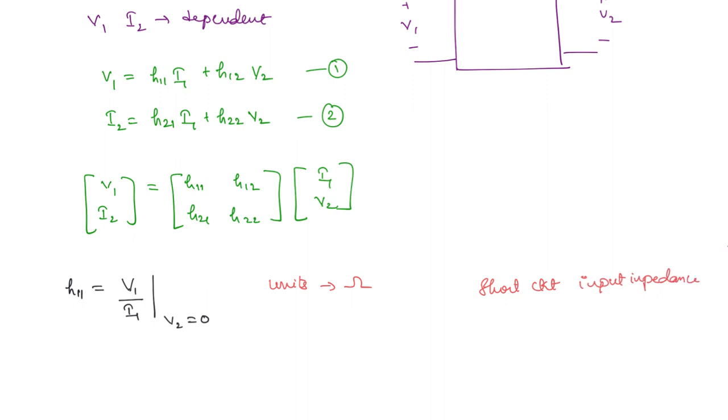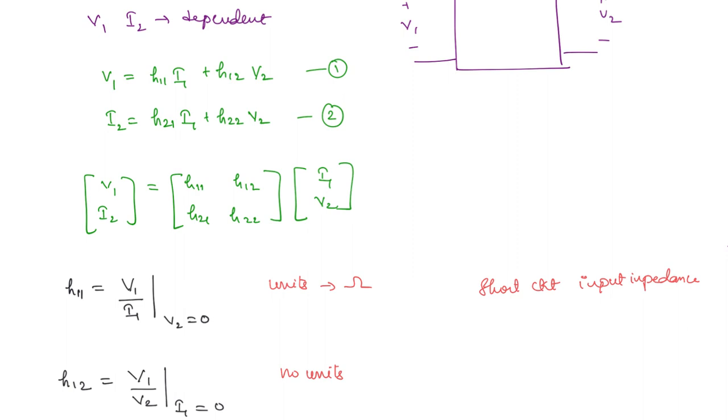Then next, H12. H12 also you will get from equation 2. What is it? V1 by V2 when I1 is equal to 0. What are the units here? It will have no units because it is the ratio of voltage and voltage. So it is called the voltage gain, V1 by V2.